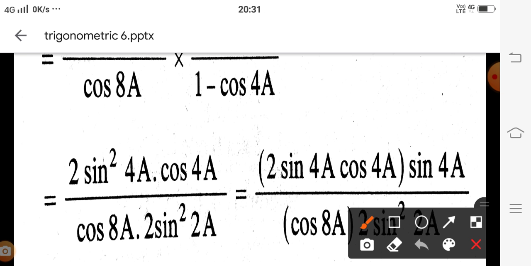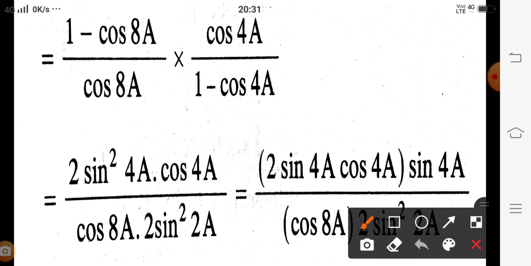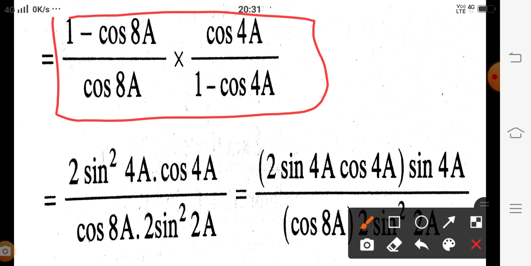Then simplifying further, we get 1 minus cos 8a into cos 4a, and in the denominator cos 8a into 1 minus cos 4a.